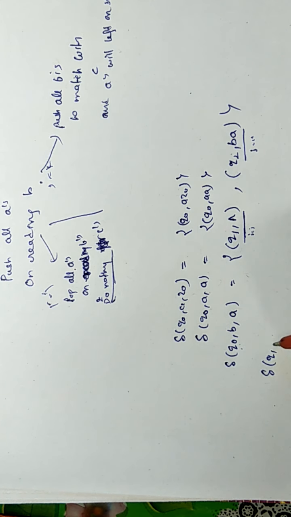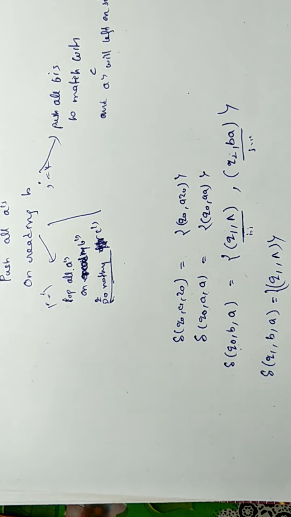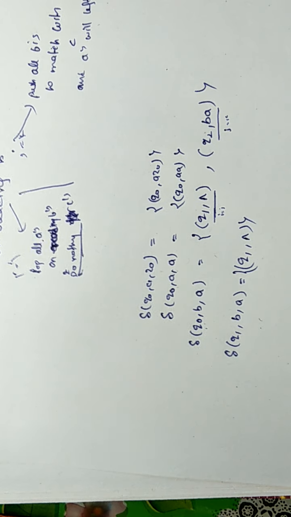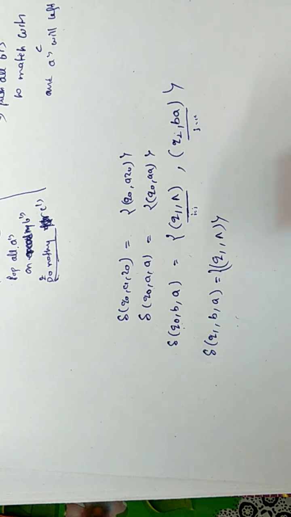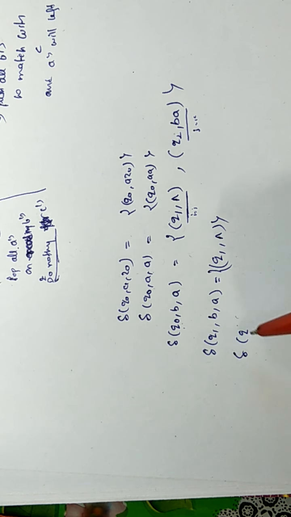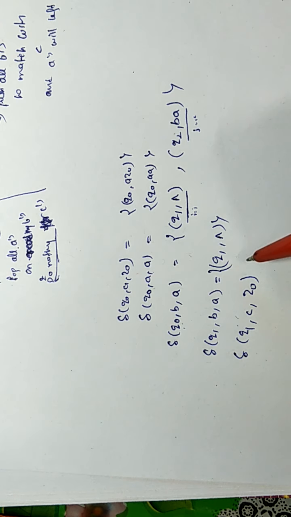At q1 I can read more b's and I have to pop all a's. This is the loop. I pop a on reading b one by one. After popping a's from the stack on reading b, I will reach the c, and this time z0 will be at the top of the stack because all a's are popped out.